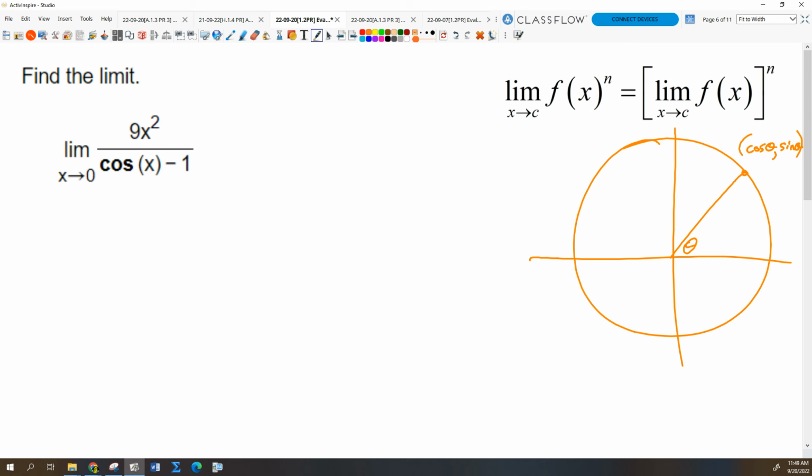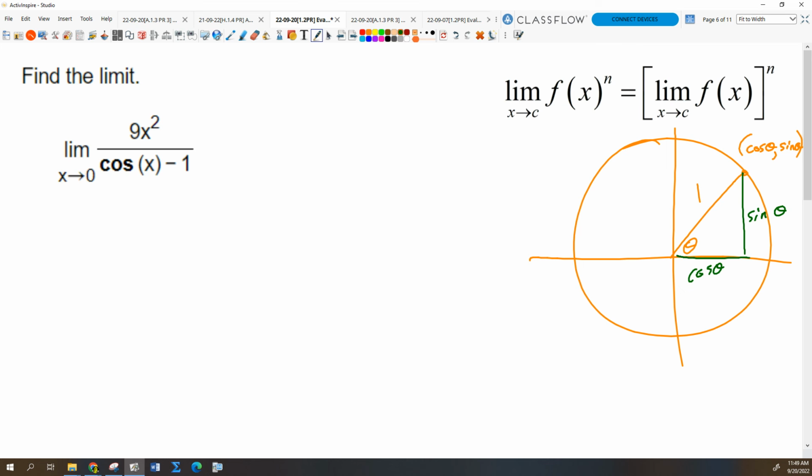Agreed? Okay, it's a unit circle, so the hypotenuse is 1 there. The length of that line is 1. So we could just create a right triangle out of this, couldn't we? If we create this right triangle right here, what do we get? Well, the x coordinate is cosine theta. The y coordinate is sine theta.